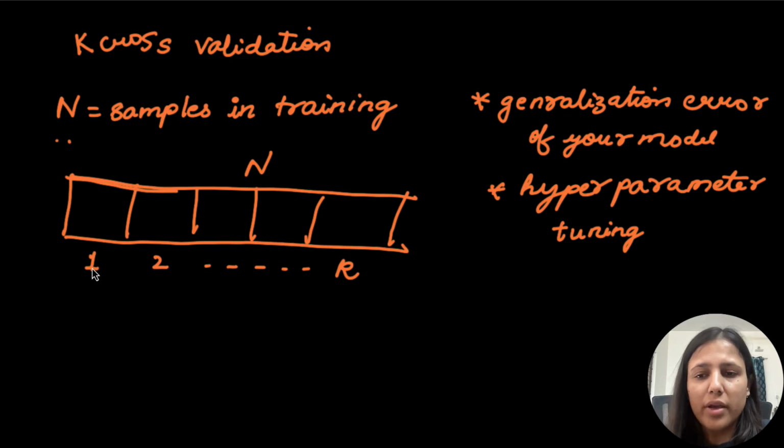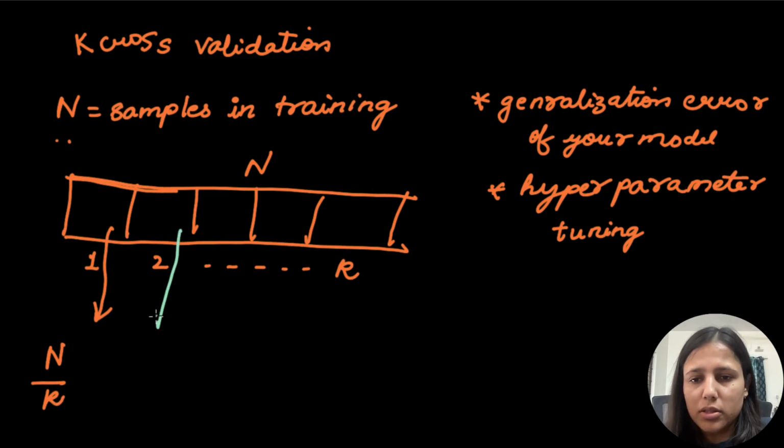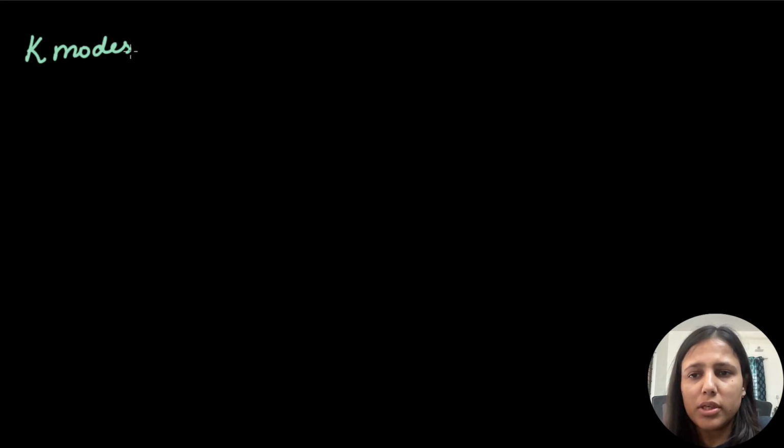Every subset is of size n by K. This is also n by K, this is also n by K. And what you do is you train K models. K models are trained.